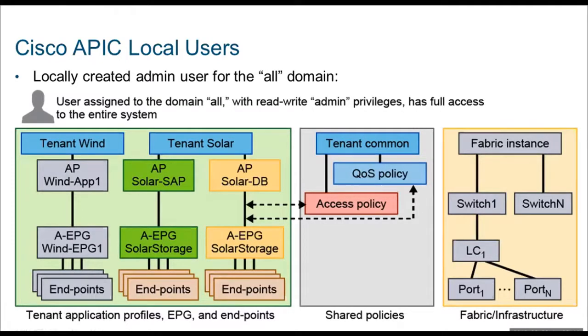For the tenant common, and for the fabric or infrastructure, you would have to be assigned the domain all. So if you've got to do anything on the fabric menu, you should be assigned the domain all. Else, you're only restricted to that particular tenant.